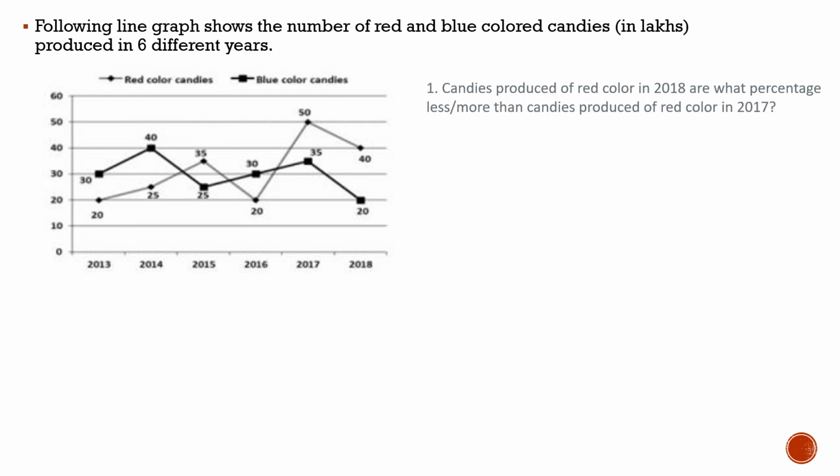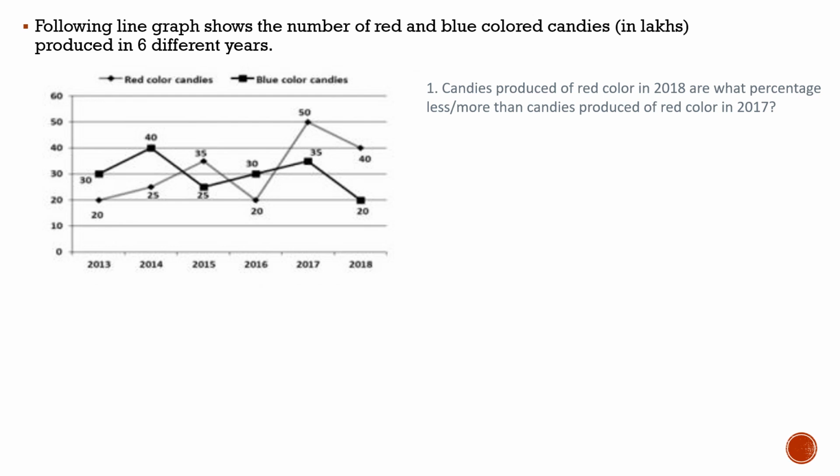First question, candies produced of red color in 2018 are what percentage less or more than candies produced of red color in 2017? So we have to compare production of red color candies in 2018 with 2017.